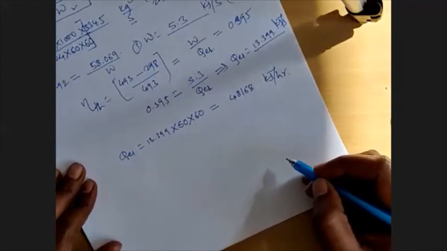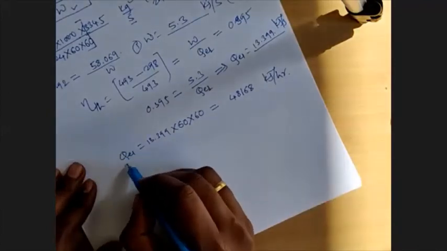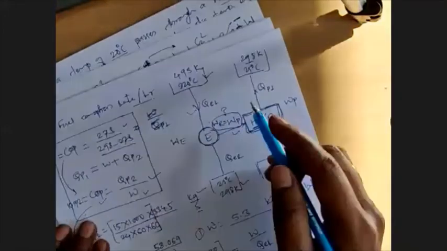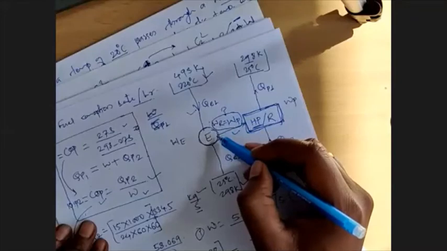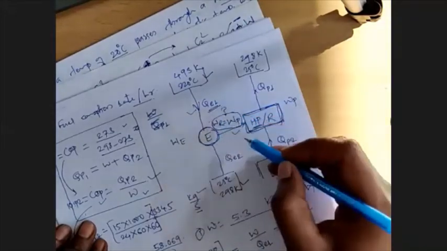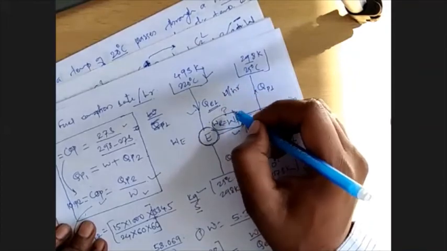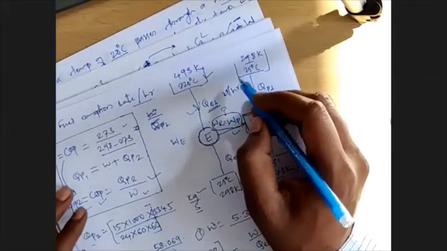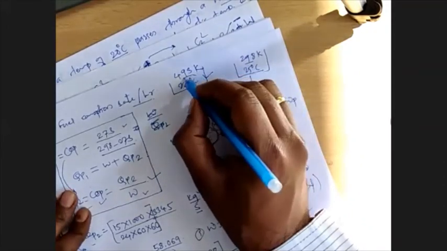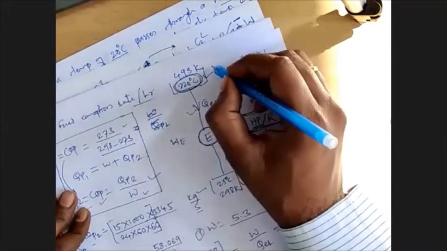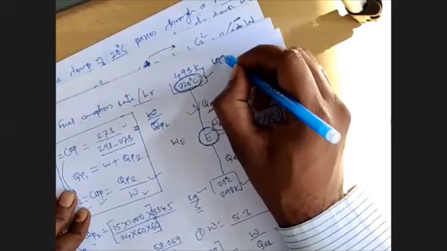Okay. Now we know that this is the heat to be supplied to this heat engine continuously. We have calculated this QE1 in terms of kilojoules per hour. Now we know that this 220 degrees Celsius has been maintained by burning a liquid fuel.